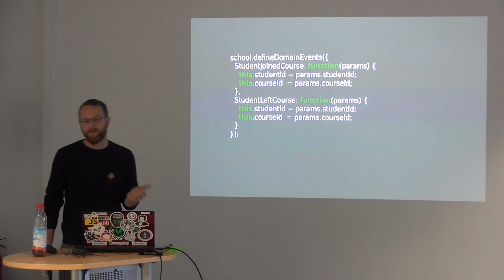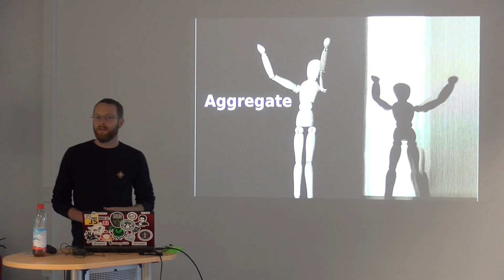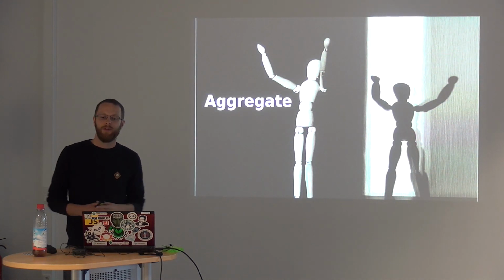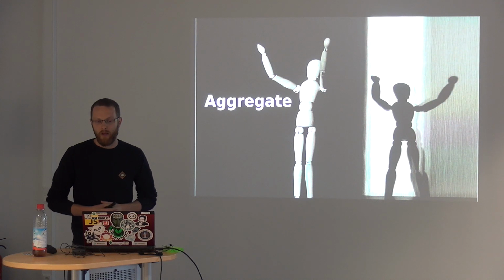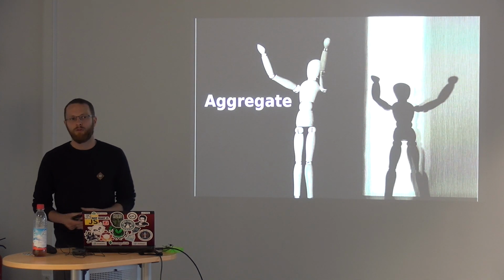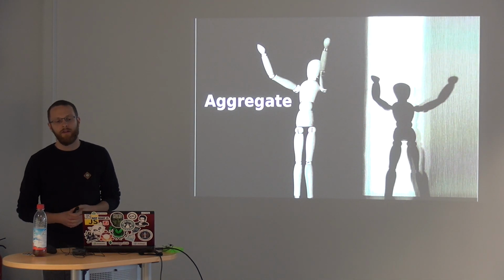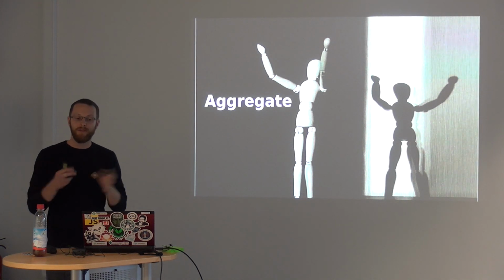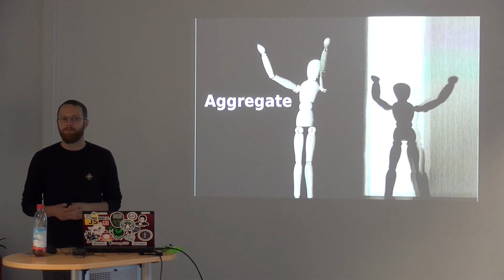The next thing we need is something called an aggregate. An aggregate is one of the DDD building blocks. It's partly also known as an actor, and it's basically there to emit your domain events and provide the behavior methods.